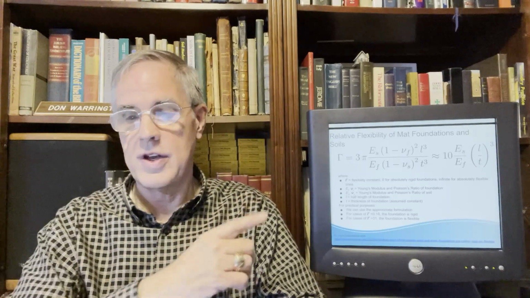It makes for a much easier computation. You can ignore Poisson's ratio. You can go with the elastic modulus of concrete and of the soil, the L distance, which would be the half width or the half length, and the thickness, which is T, and you're done. So we're going to just stick with the simplified gamma.